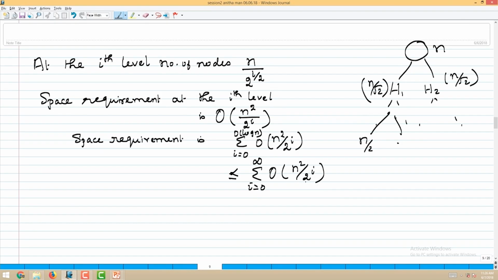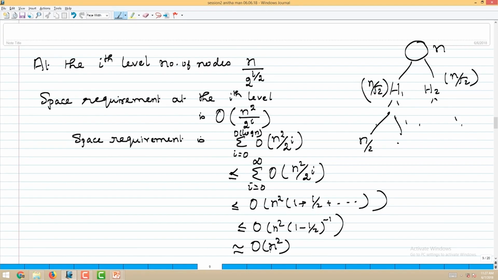Easily you can finish it off. You need only the upper bound. So, less than or equal to order of n square into this series, 1 plus 1 by 2, I think all of you know this one. So, less than or equal to order of n square into (1 minus 1 by 2) the whole power minus 1. So, it is order of n square, okay.